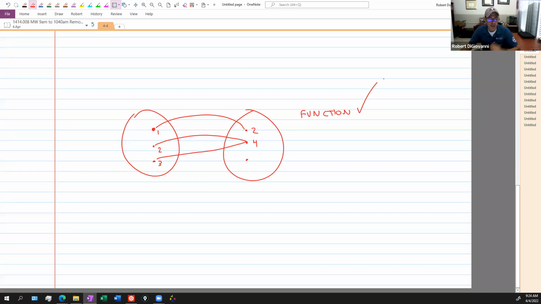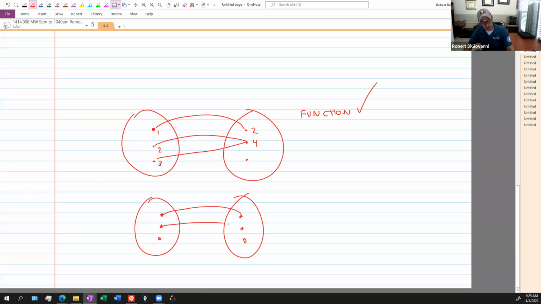Yes, because to be a function, all you need is that for each of these inputs, it goes to one place. Doesn't matter where it goes, it just goes to one place. See, this would be the example where we don't have a function. What if you had this? Let's say this goes here, this goes here, this goes there, and that goes there. See, this would not be a function.